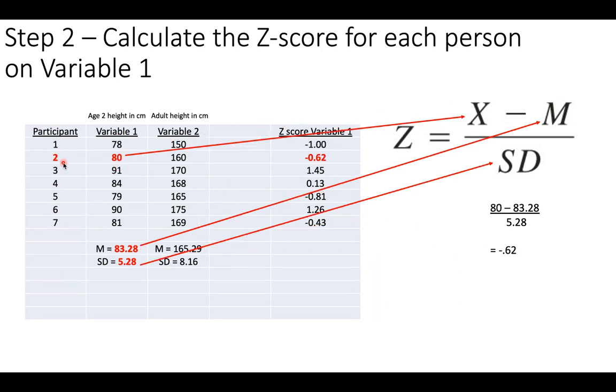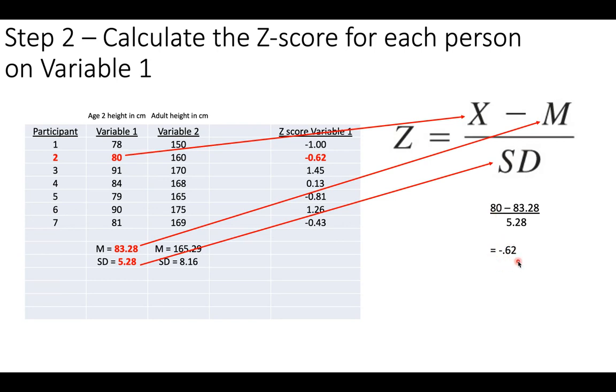We could plug and chug for person 2, variable 1. We take their score of 80, we plug it in for x. We take the mean of the variable, plug it in for m. We take the standard deviation of the variable, we plug it in our denominator. 80 minus 83.28 divided by 5.28 gives us a z-score of negative 0.62. And we can see this person was also shorter than average at 2 years of age, but less extremely so.